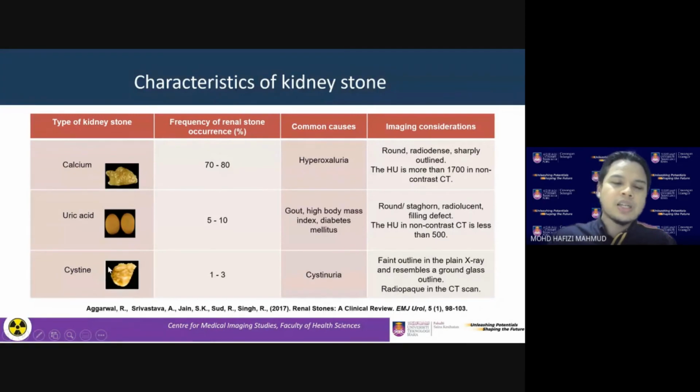Basically, kidney stone can be divided into two major groups. The first is uric acid stone, and the second is non-uric acid stone. Calcium, cysteine, hydroxyapatite, brushite and so on are classified as non-uric acid.